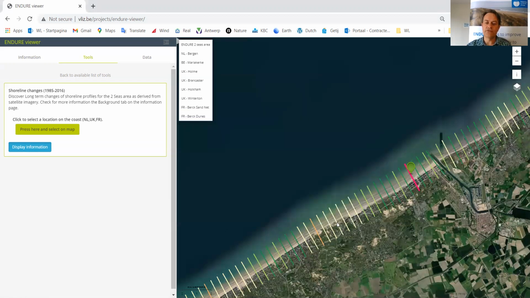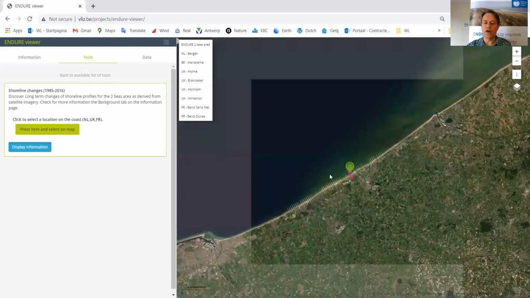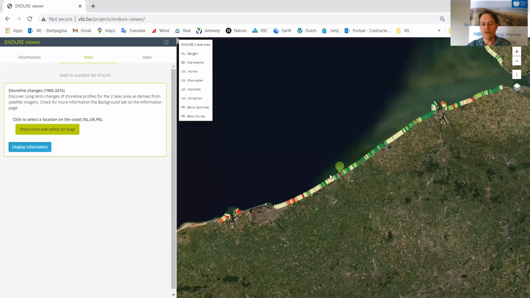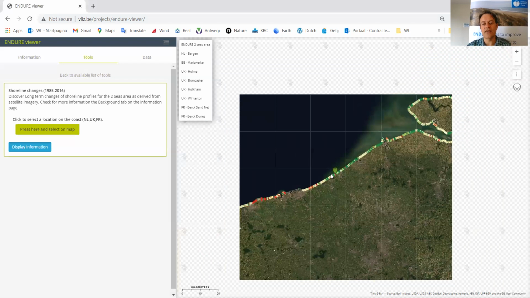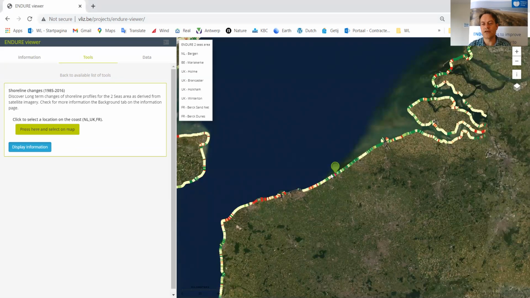Of course, if we have green or white, we are confident that the coast is in a good state, but if it's red, we are unhappy and we think it's erosion. It's not always erosion, it can be side effects because of the human activities, such as expanding of a harbor or dredging for navigation, etc. Many works that have been done in the last 30 years in order to facilitate economic activities.